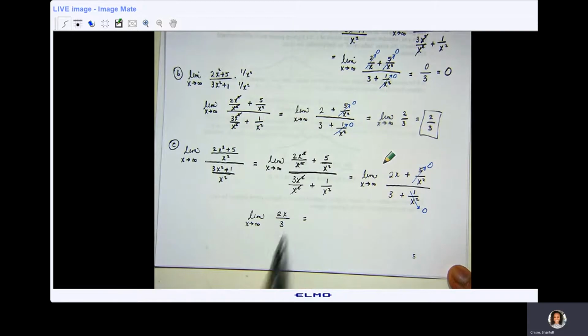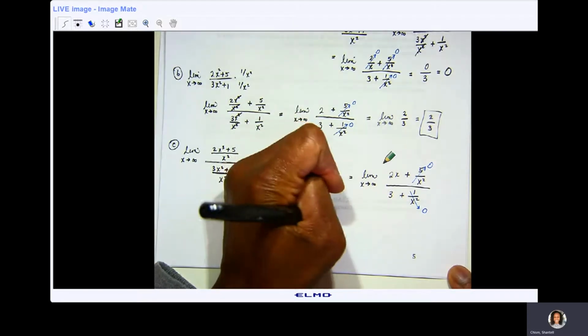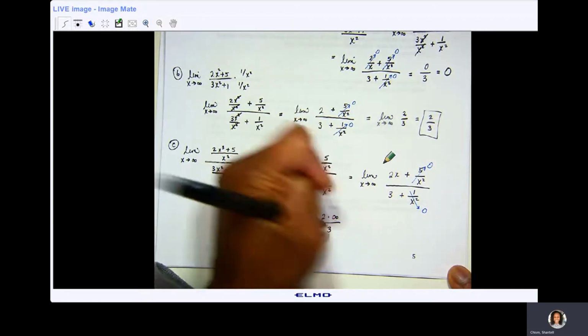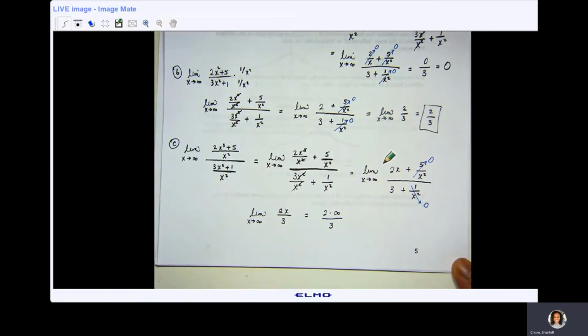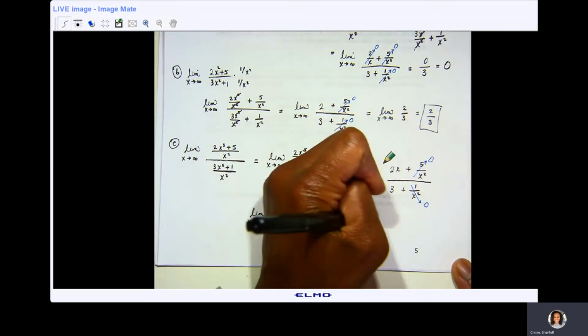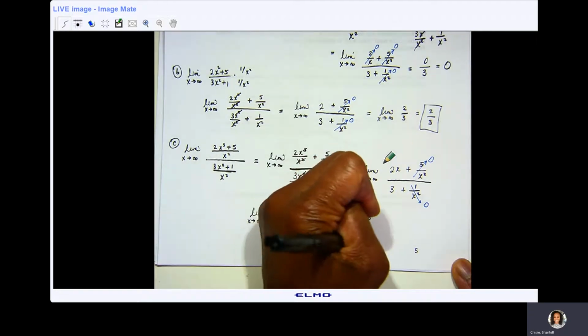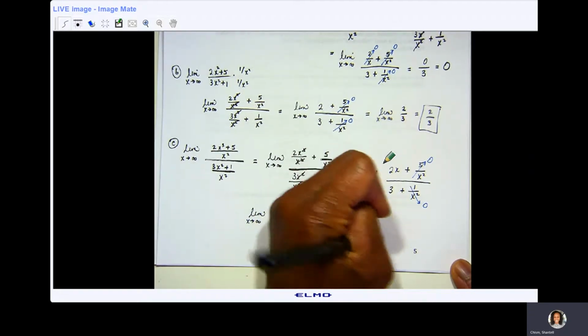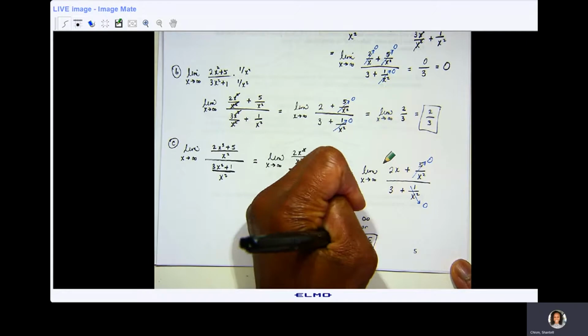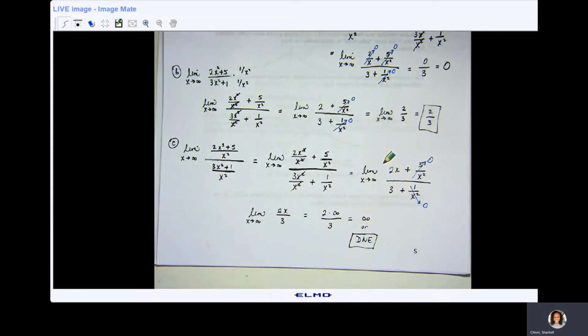As x gets really big, you're just multiplying it by 2 more. So you're doubling it. So if it's already big, it's twice as big. So this is still infinity. Okay? So the limit is infinity. Or in other words, it does not exist. There is no limit. Okay?